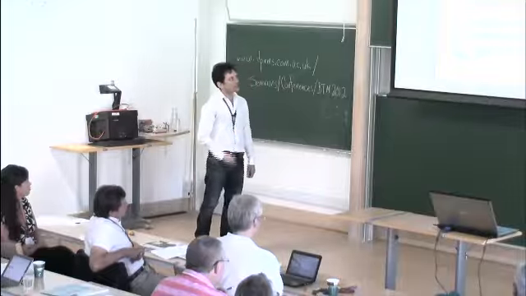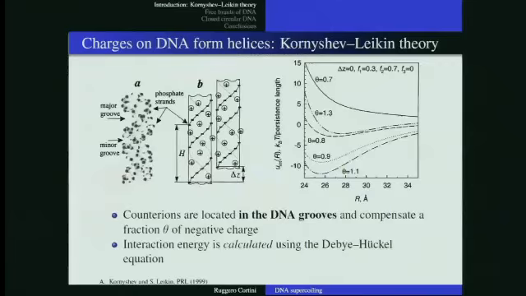So let me start by telling you in very few words what the Kornishev-Lakin theory is. It's a theory of DNA-DNA interactions of intact double-stranded DNAs, in its electrostatic interactions. It was initially devised to explain the occurrence of DNA-DNA attraction in the presence of DNA condensers.